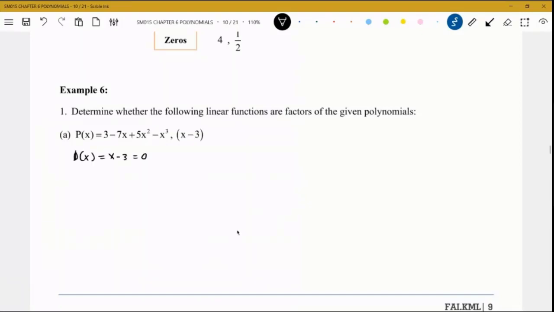Equalize with 0, so we can have x equal to 3. So substitute into P(x). The substitution of values of x into P(x) must be shown. Okay, so we will have 0. Since the remainder is equal to zero, it means x minus 3 is a factor of P(x).